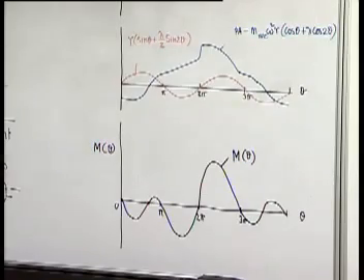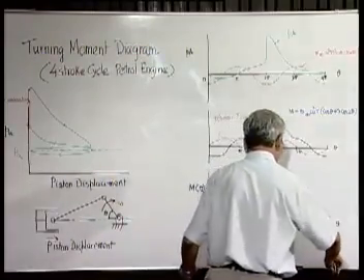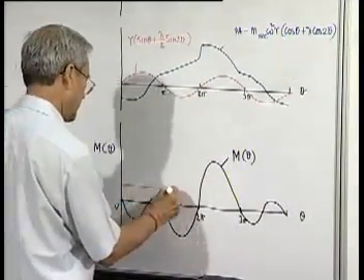Thus, we can see that the turning moment fluctuates, and the average value of the turning moment will be something like this.